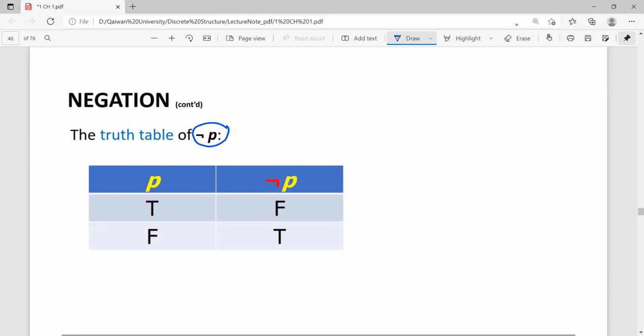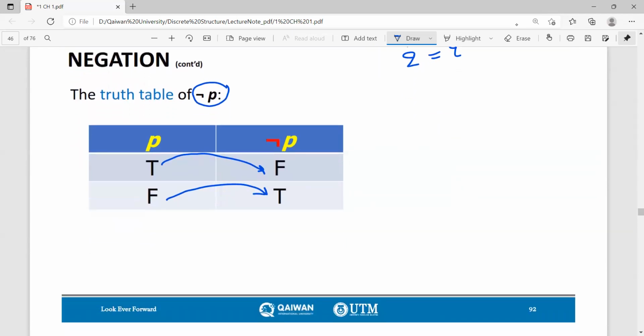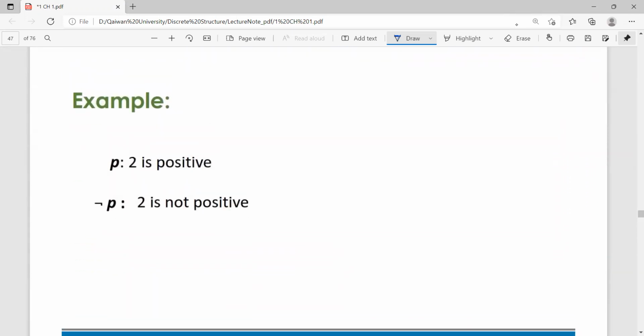That means we have 2 to the power 1 statements, which is 2. Here we must have 2 statements. True, false, that's all. Negation of true is false. Negation of false is true. We just negate the statements. So you get false for negating true, and the negation of false is true. It's only changing its value.